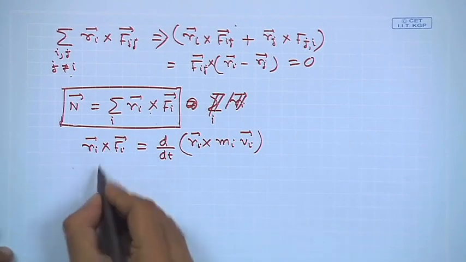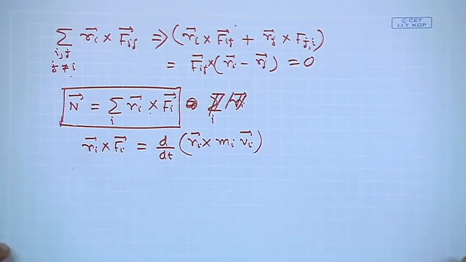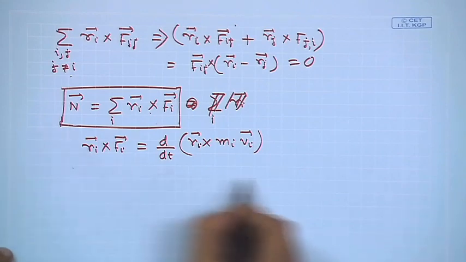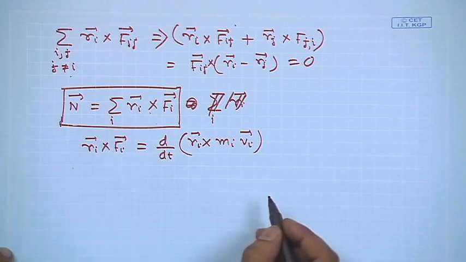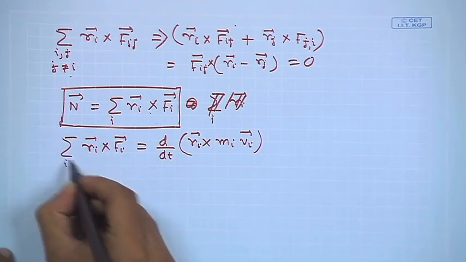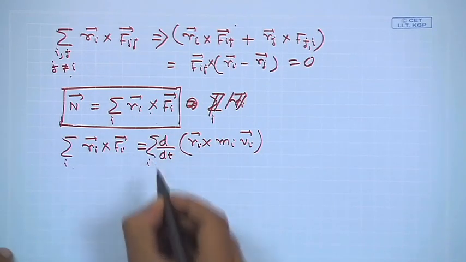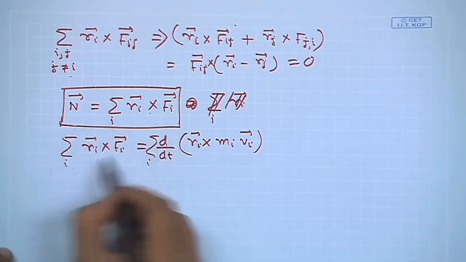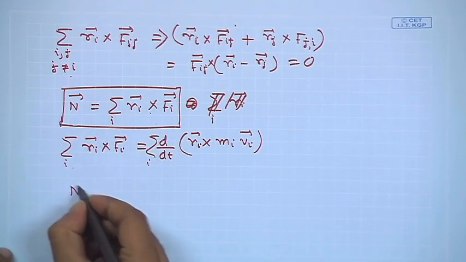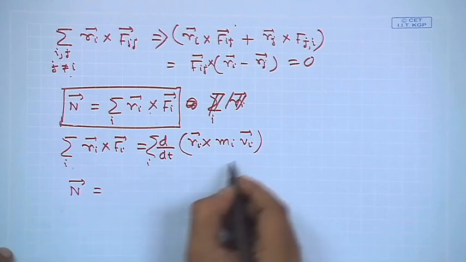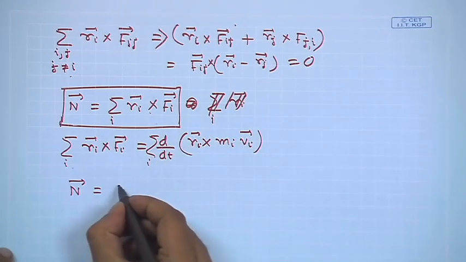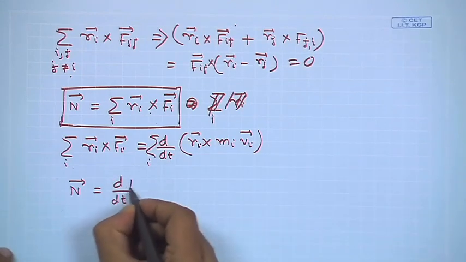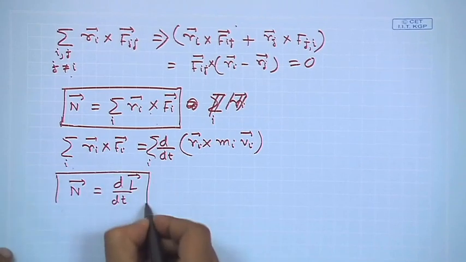We have already proven during our discussion of central orbit that this relation is valid for each individual particle of the system. If I run the summation over i on both sides, the left hand side gives the total external torque N, and the right hand side, with the time derivative coming out, gives the total angular momentum of the system of particles.